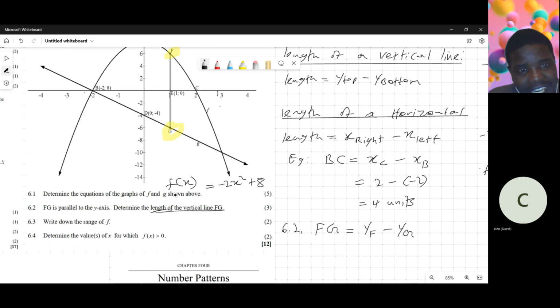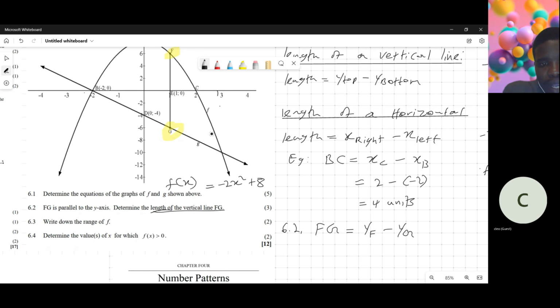The input at G is 1. If we have the input and the process, the function f of x is the process, then we can get the value of y at F and the value of y at G.